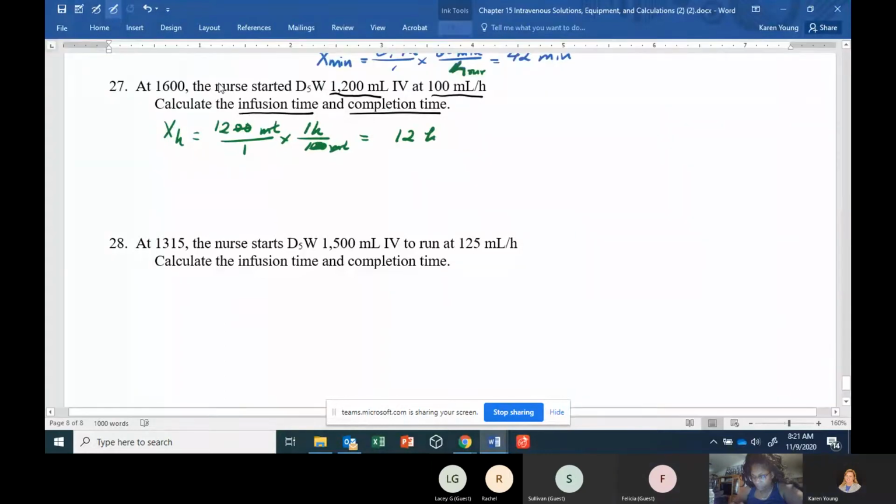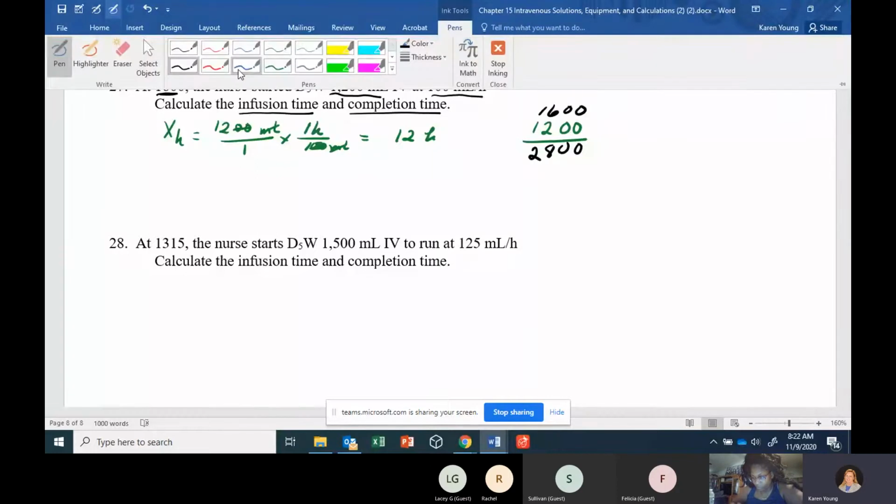If my IV started at 1600, my completion time starts at 1600. I'm going to add my 12 hours. Since I didn't have any minutes, I'm going to put the zeros. I'm going to add those two together. 6 and 2 is 8. 1 and 2 is 2. Now, here's something. We don't have a 2800 on our clock time. So this started at 1600 and went into the next morning.